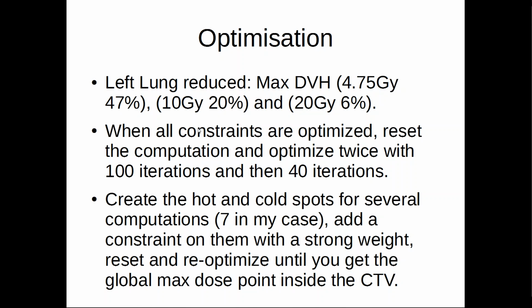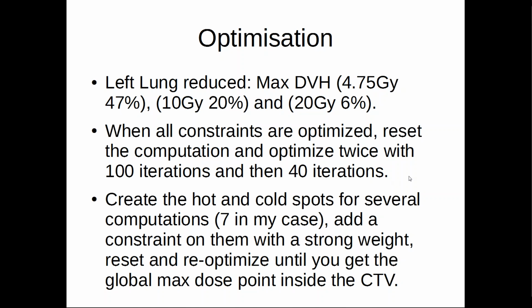When all the constraints were good for me, I reset all the computation and make a new computation with 100 iterations first, and then recompute again with 40 iterations. I had to create hotspots and cold spots 7 times because I had a lot of difficulty getting the max dose location inside the CTV.